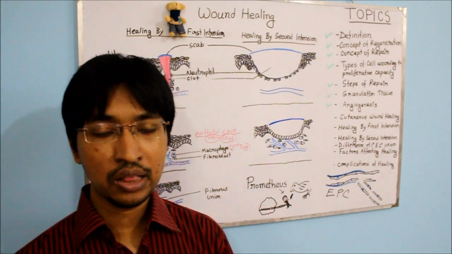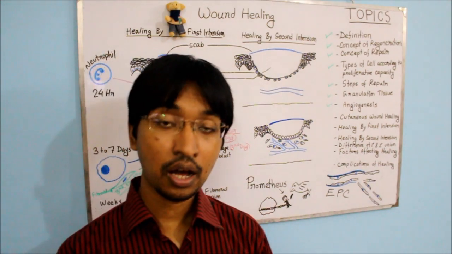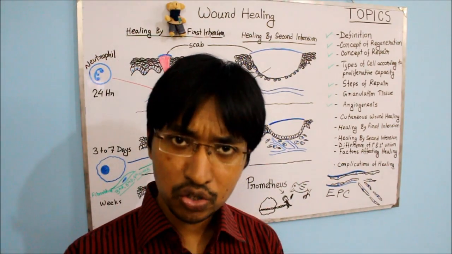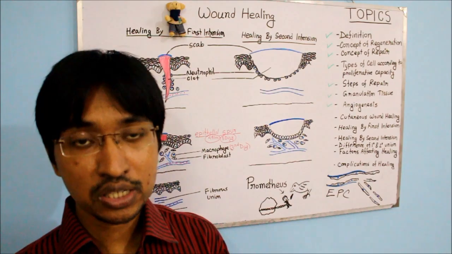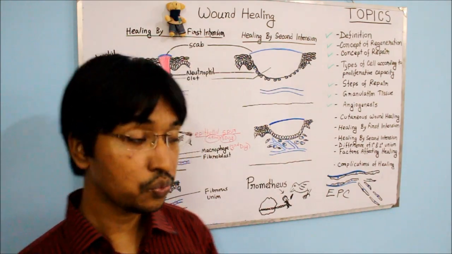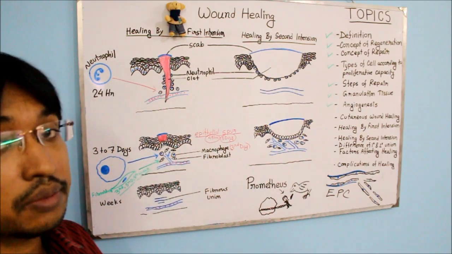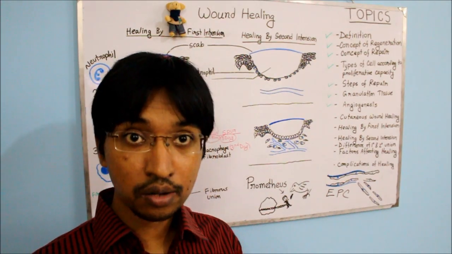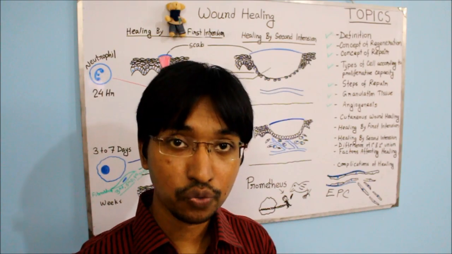Now, a lot of my students ask how neutrophils will come to this site of injury. And always remember, they are circulating in the blood, so they will come out from the blood, and then via chemotaxis they will migrate to the site of injury.